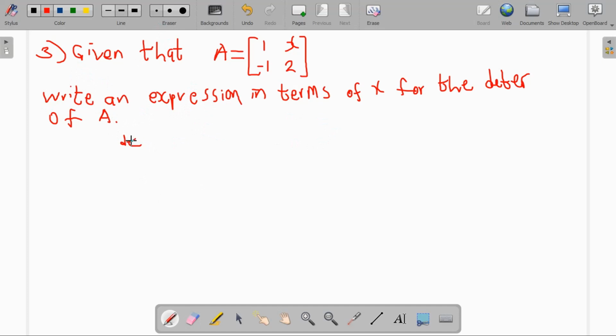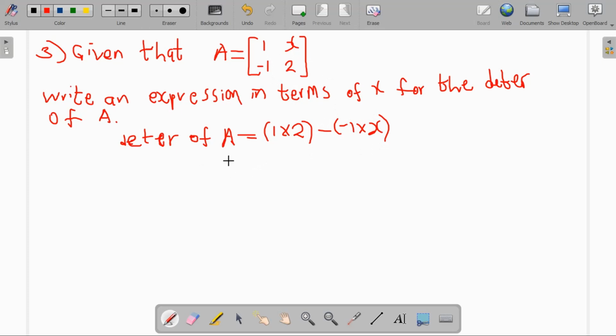The determinant of A is equal to, open bracket, 1 times 2, or 1 multiplied by 2, minus -1 multiplied by x.